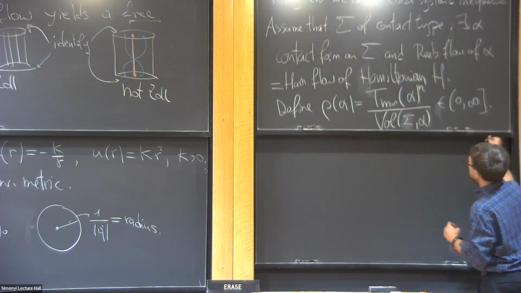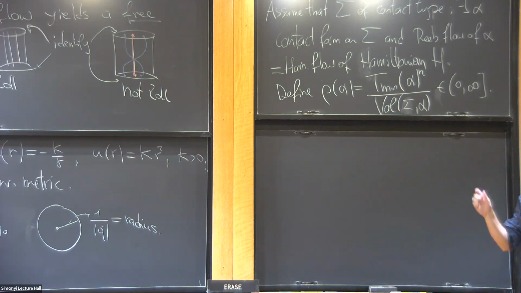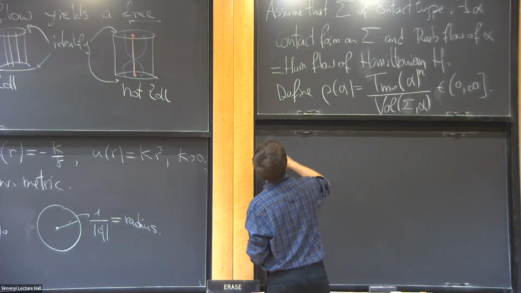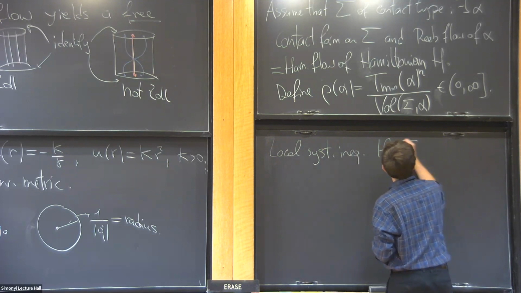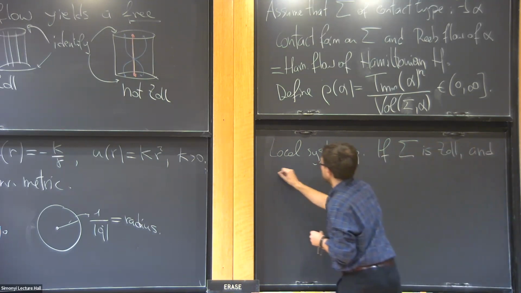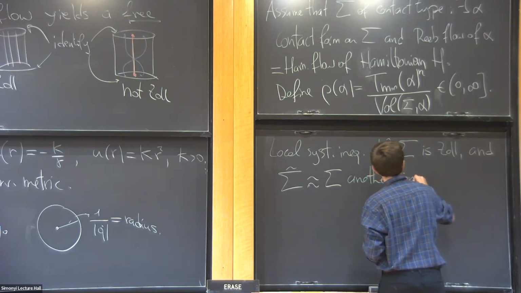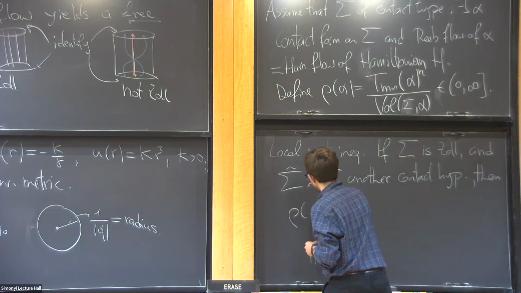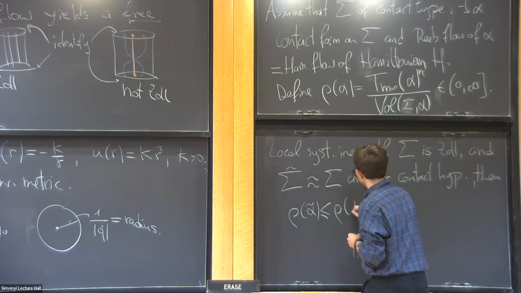And the local systolic inequality tells you that Zoll contact hypersurfaces are exactly optimal if you look at this quantity. It tells you that if sigma is Zoll and sigma tilde is another compact hypersurface nearby sigma, then the systolic ratio of alpha tilde is less or equal than the systolic ratio of alpha.